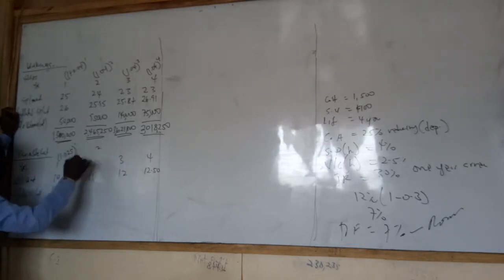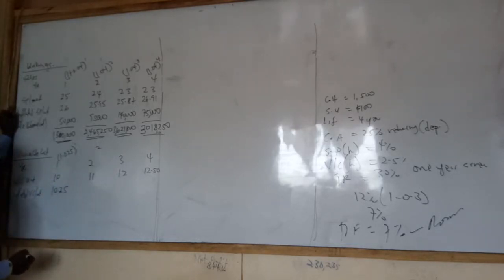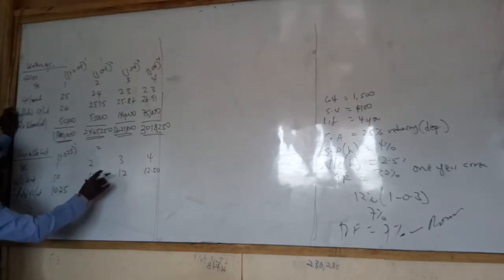The same thing exponent 2 times 11 is 11.56.